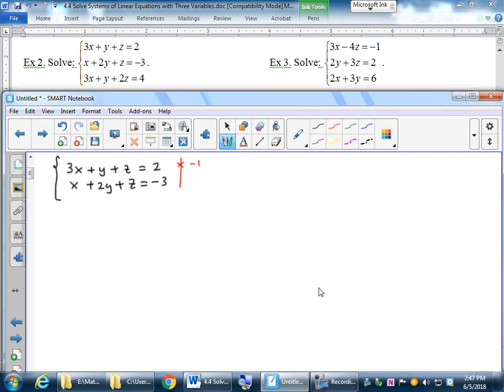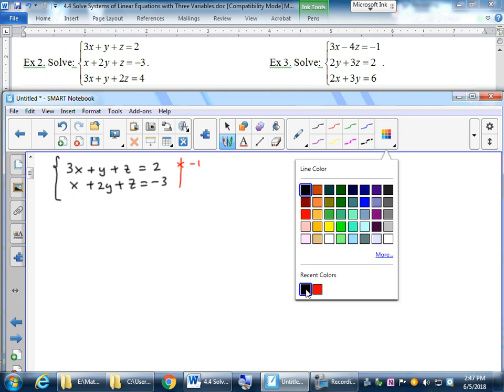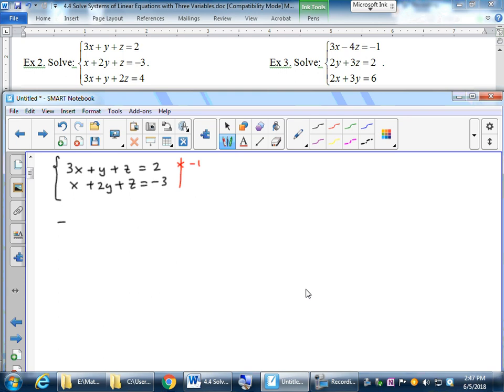You can multiply equation 2 by -1 also. It doesn't have to be the first equation, so a lot of variation can happen right here. So this will give me -3x minus y minus z equal to -2, and the second equation doesn't change, so it's x plus 2y plus z equal to -3.